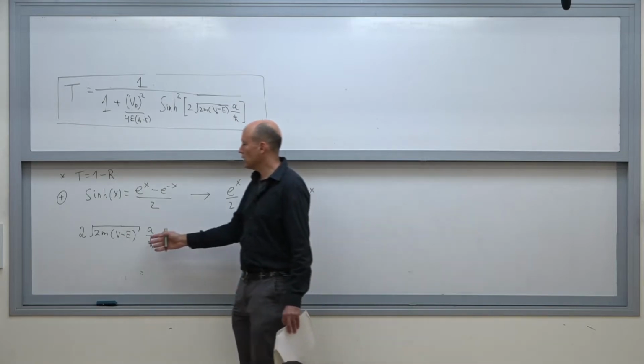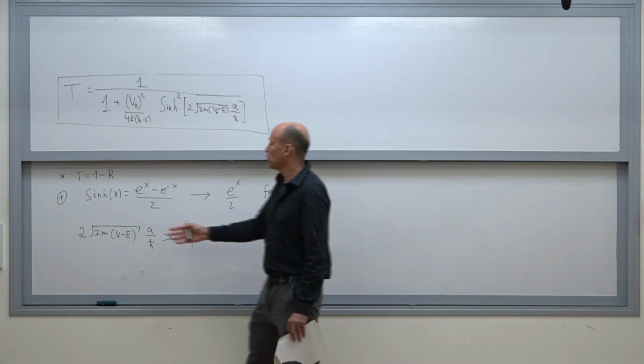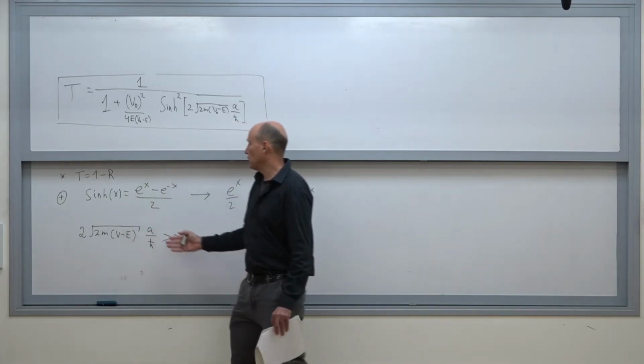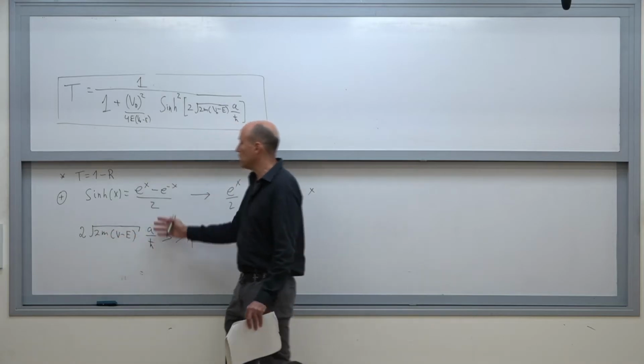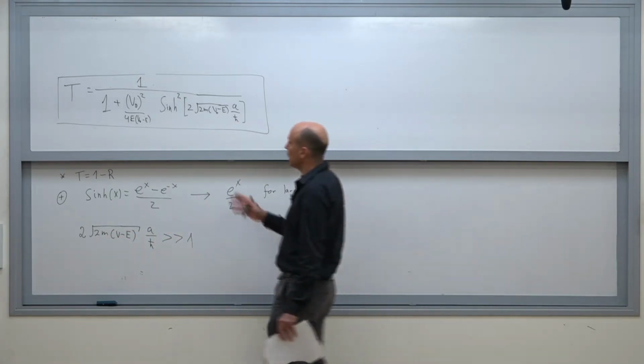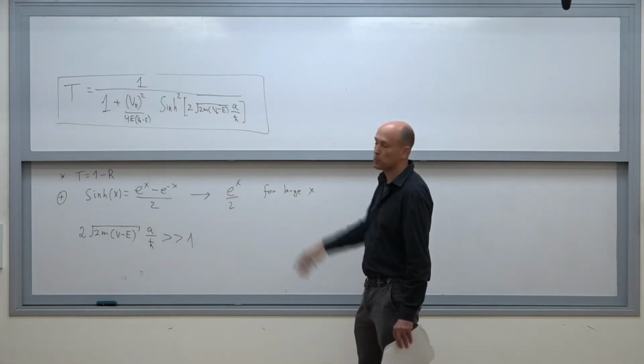This is easily seen, this comes from the wave number kappa, essentially. This is dimensionless. And I want to look at the case where this guy is big, and then I can approximate this sinh hyperbolic with a simple exponential function.